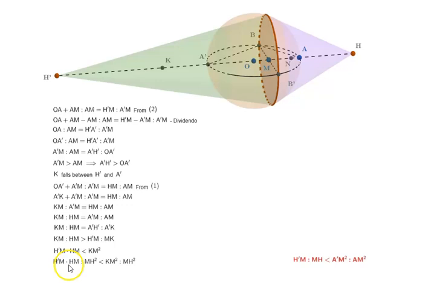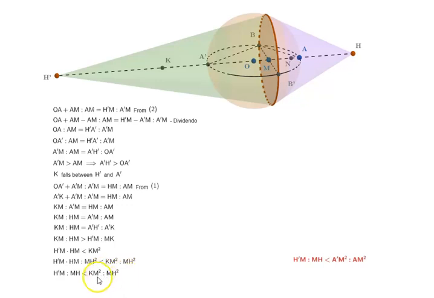We divided both the sides by MH square, or in other words, we have taken a ratio of both the sides with the same magnitude. Now here HM and HM, one of them gets cancelled. So H prime M is to MH is less than KM square is to MH square.